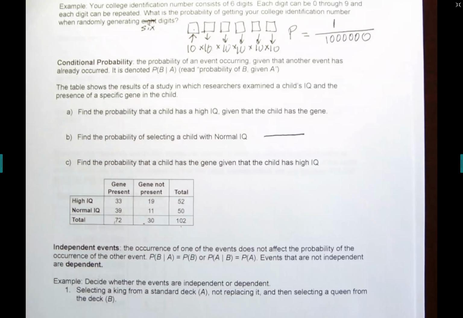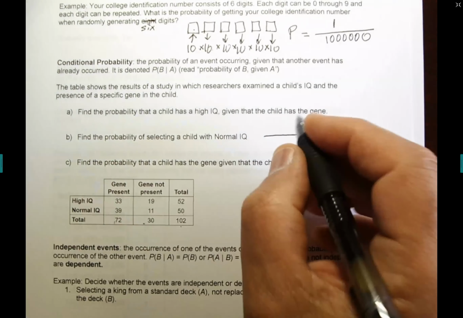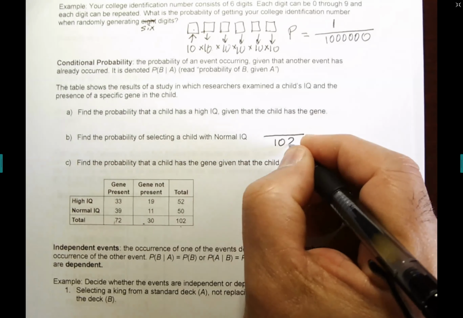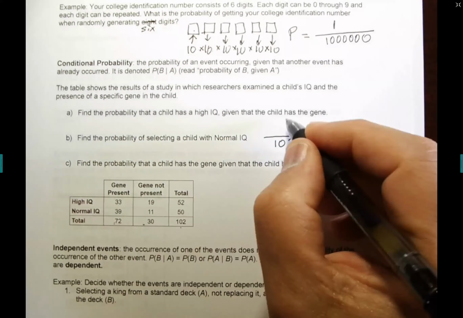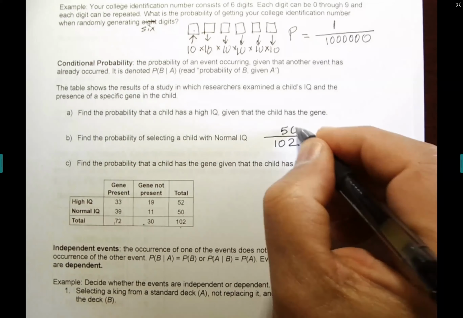No conditions here. He's not saying anything. He says, what is the chance of picking a child from the group of 102 who will have normal IQ? Well, we know the grand total, guys, is 102. And how many children are there with normal IQ? 50. Do you guys agree the answer should be 50 divided by 102?